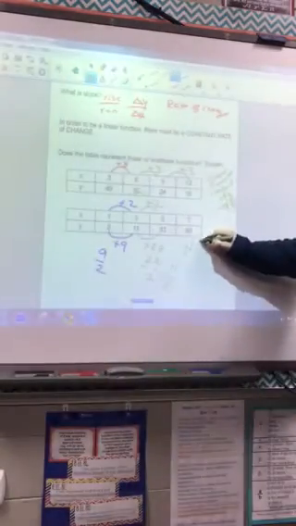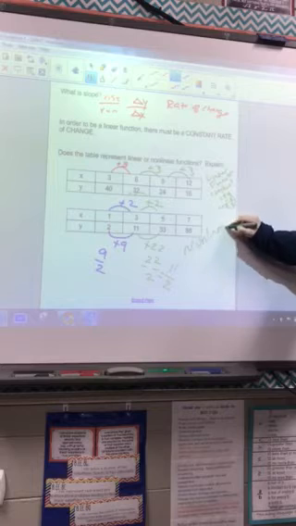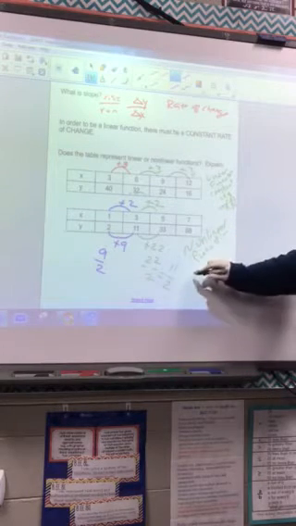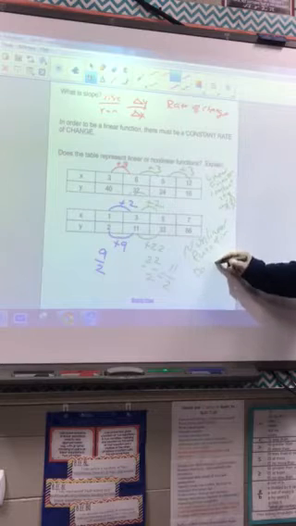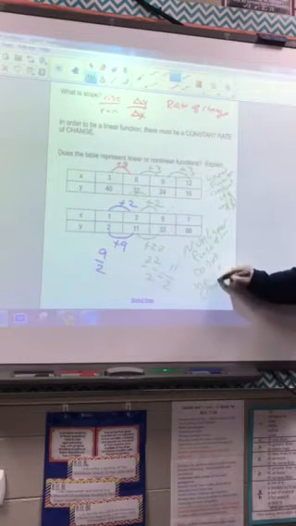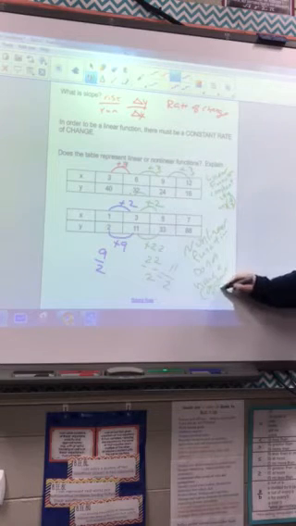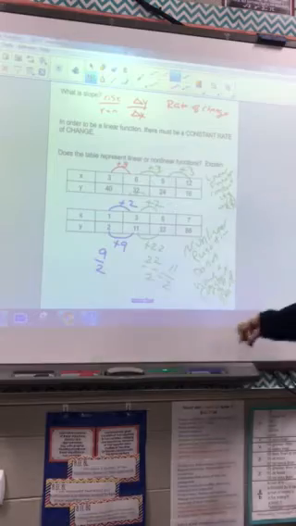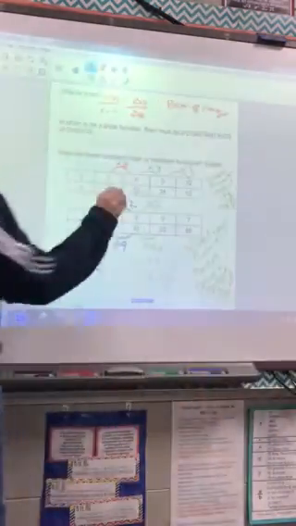It is a non-linear function because you do not have a constant rate of change. So figure out the slope.